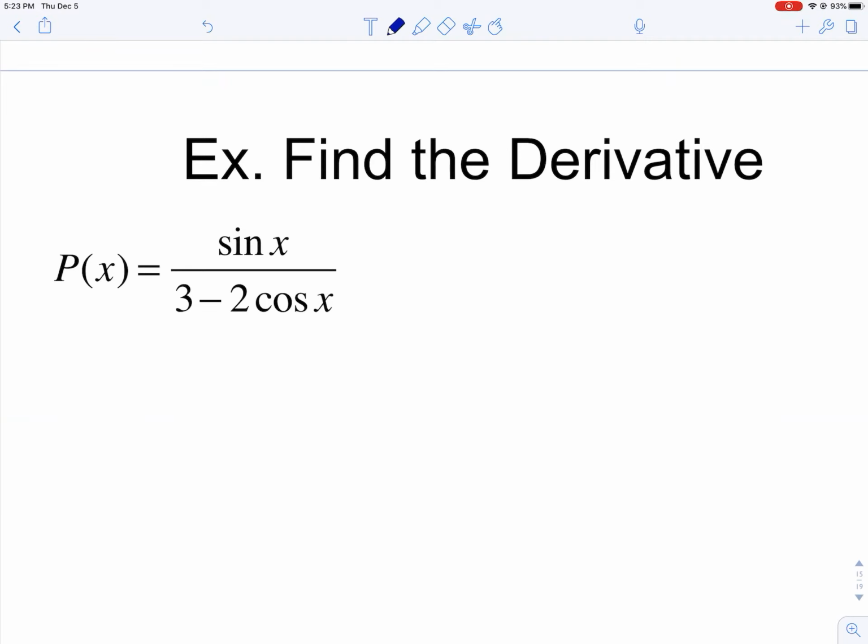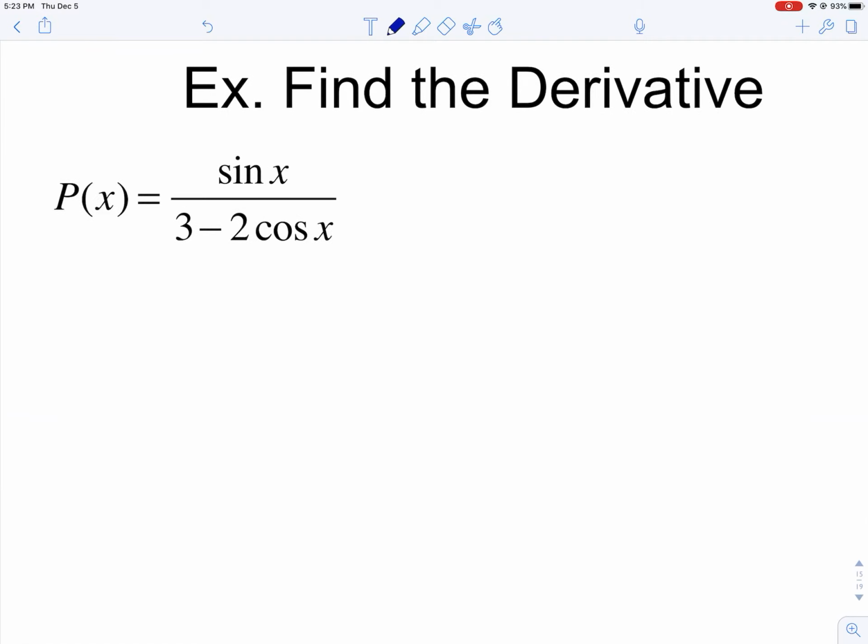Okay, and to find the derivative of this next function, we're going to use the quotient rule. So the denominator times the derivative of the numerator.